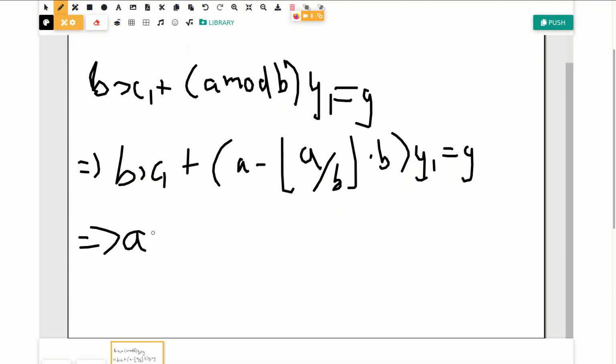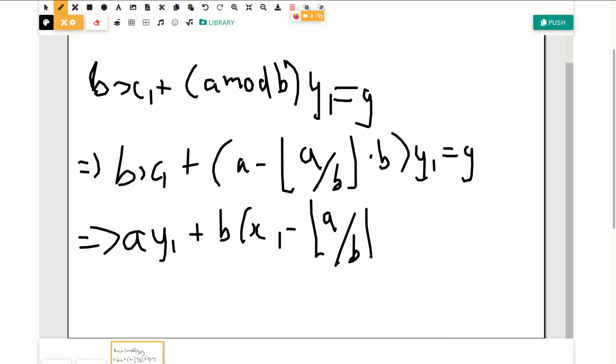Okay. So separating out a, we see there's only one term which relates to a, that's y1, and with b there's x1 minus floor of a by b multiplied by y1, equals g.